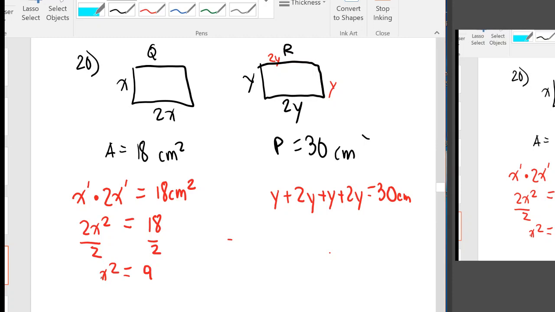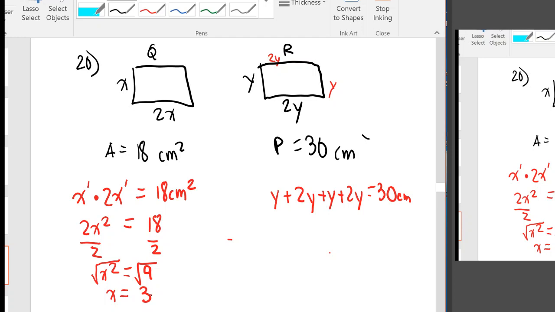Right now it's to the power of 2, so the inverse of that is the square root. So we get x is equal to 3. It could actually be 3 or negative 3, because negative 3 times negative 3 is also 9. But in any case, you can't have a negative side, so you know it has to be a positive 3.